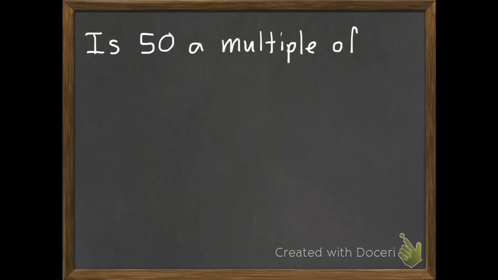So today you're going to have to find out if things are multiples. So this is our first example, so just watch this one. Is 50 a multiple of 8? Some of you might be able to just look at this and know, but I'm going to write down all my multiples of 8 to check.